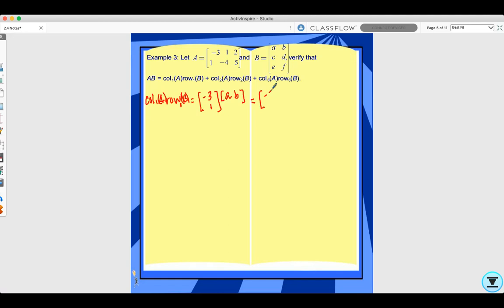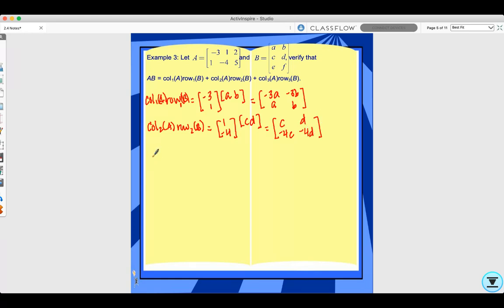And when I multiply through, I get negative 3A, negative 3B, A, B. Next, we're going to go ahead and do column 2 of A times row 2 of B. So it would be 1, negative 4 times C D, and I end up getting C, D, negative 4C, negative 4D.